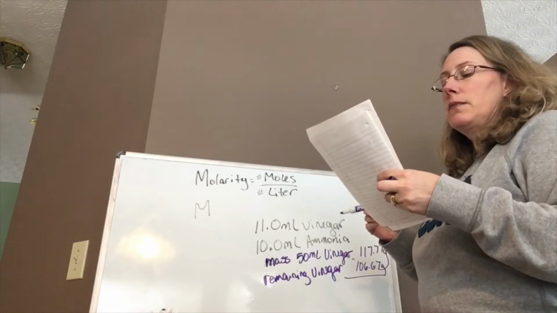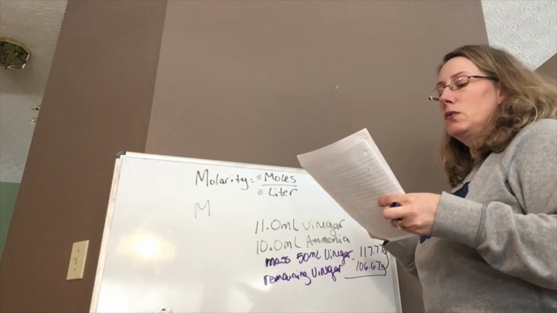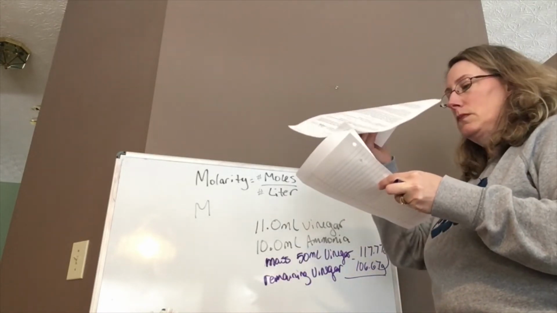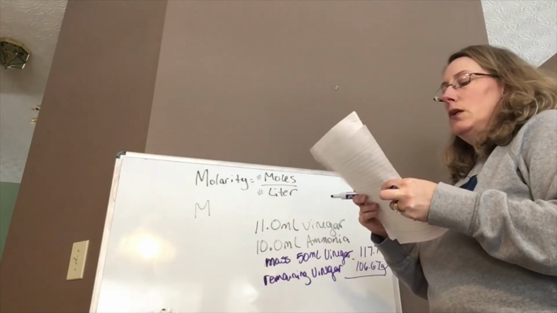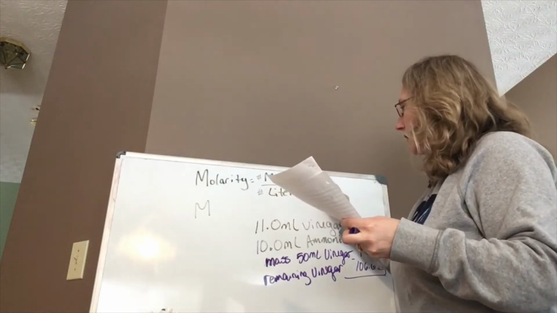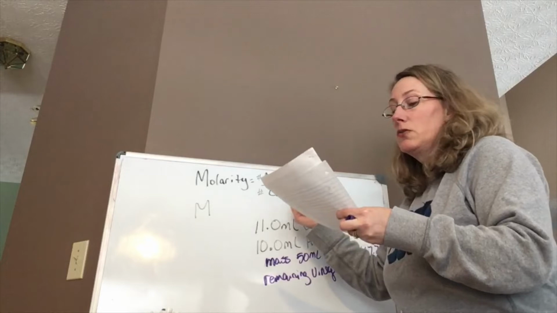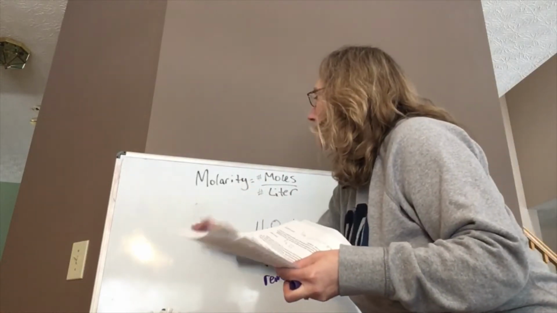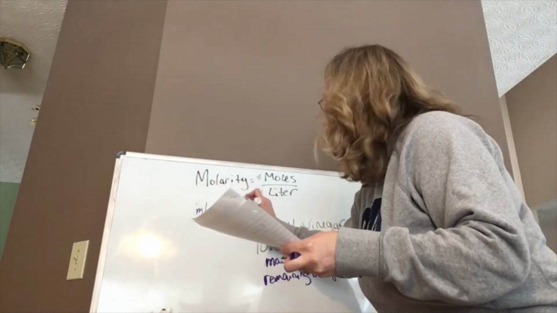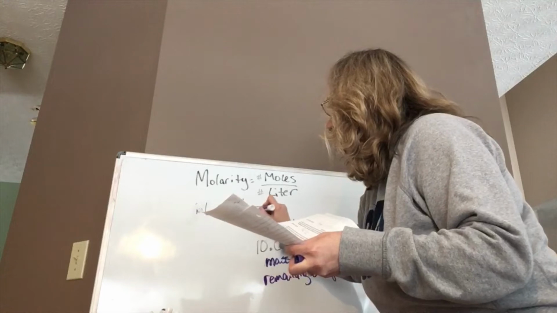To do that, we can figure out the amount of milliliters because we know how many in one liter of ammonia, you can figure out how much of a liter you have. We have how many milliliters we have. So if you take milliliters of ammonia times 1 liter divided by 1,000 milliliters.